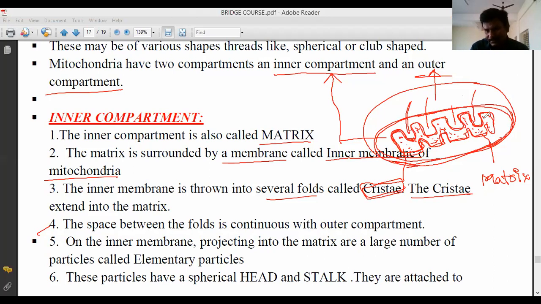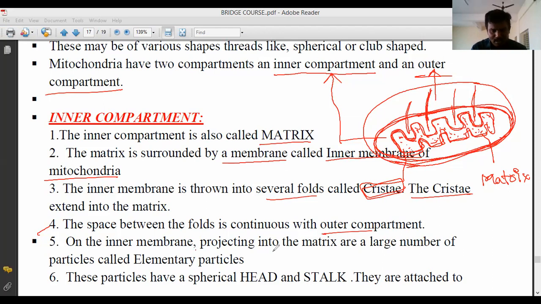See, this region is called the inner compartment. The inner compartment is covered by another membrane, which is called the outer compartment. In between the two cristae, there is a space, and this space is continuous with the outer compartment.